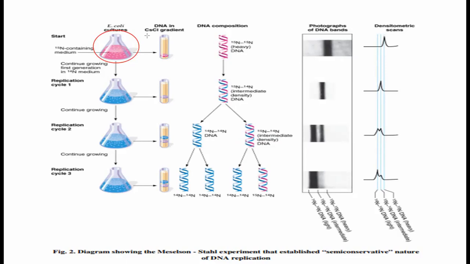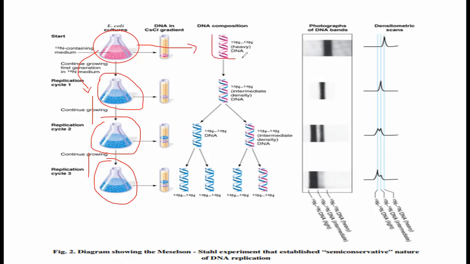Then the culture was taken again and grown on a medium which contained nitrogen 14. Similarly, it was carried to the next culture and the next culture. DNA from the very first culture showed the presence of nitrogen 15.